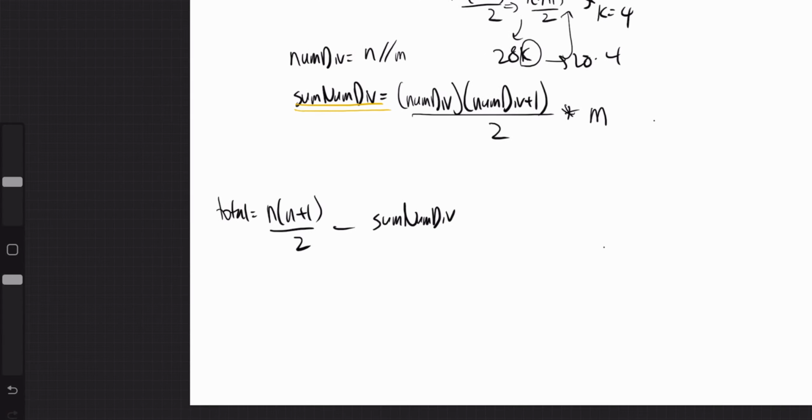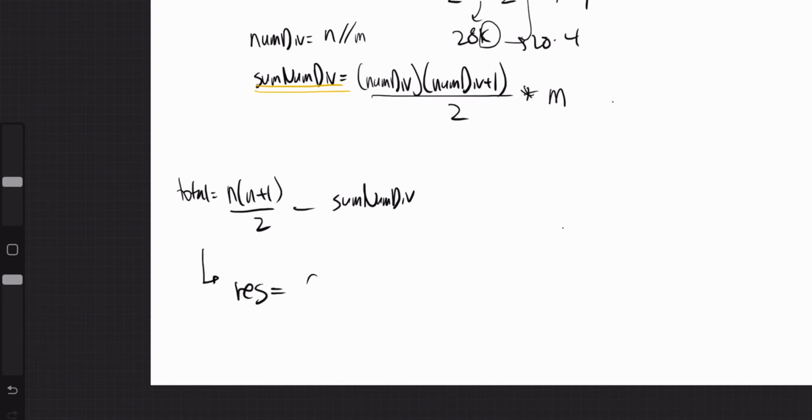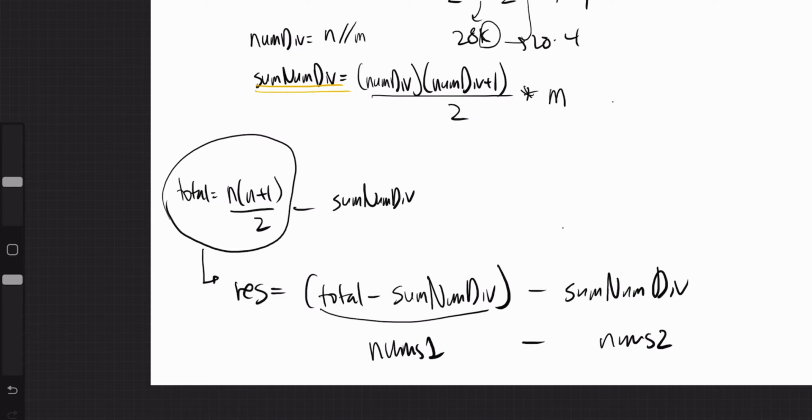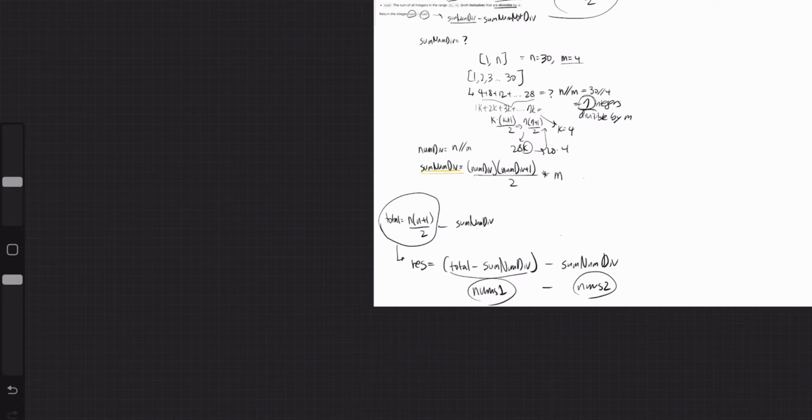So if you were to rewrite this, the result is going to be equal to the total minus the sum of num_div, minus the sum of num_div again, because the total minus that sum is represented by the numbers that aren't divisible. So this would be num1 minus num2, and that is pretty much how you get the solution.